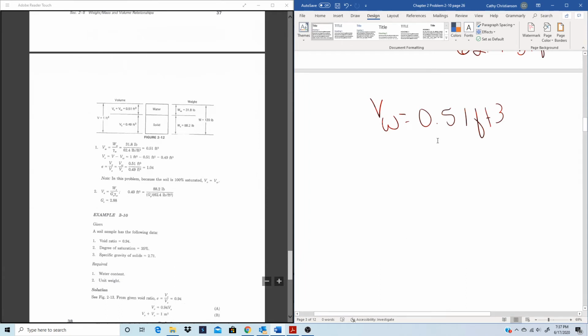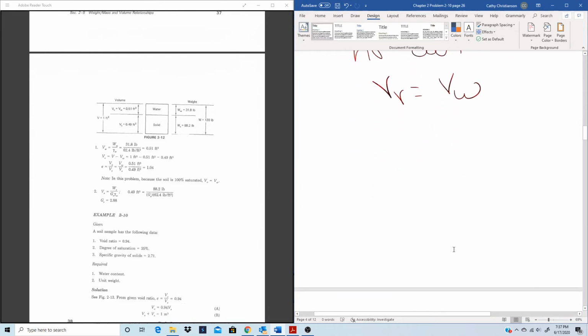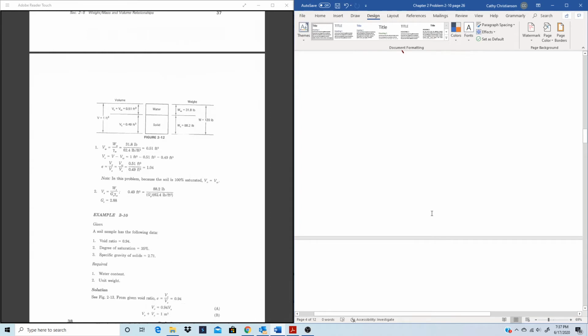So if it's 100% saturated, that means no air, and VV equals VW.